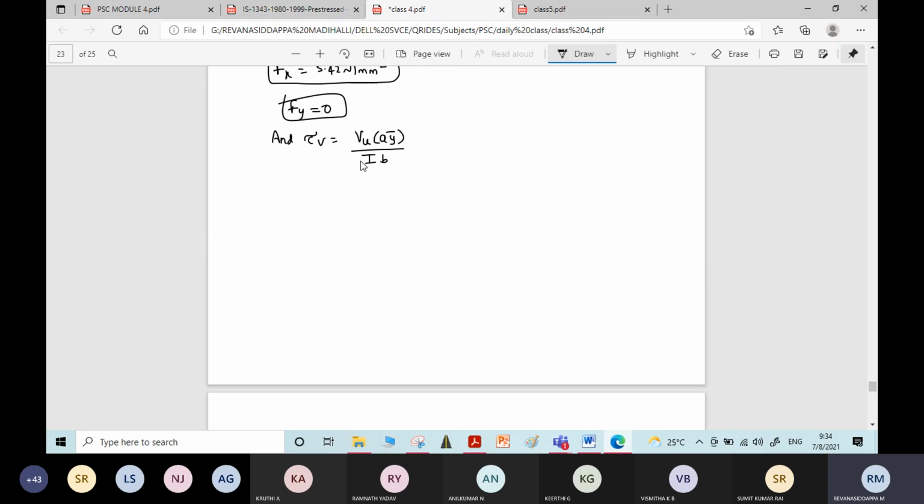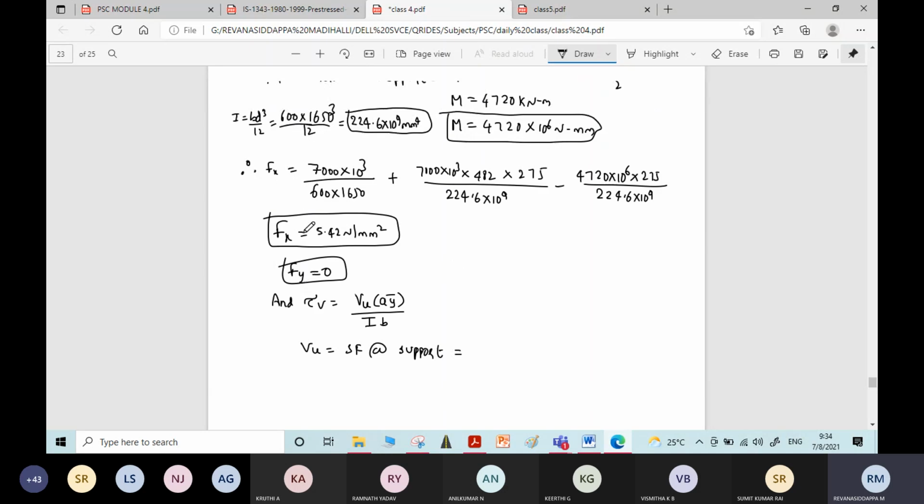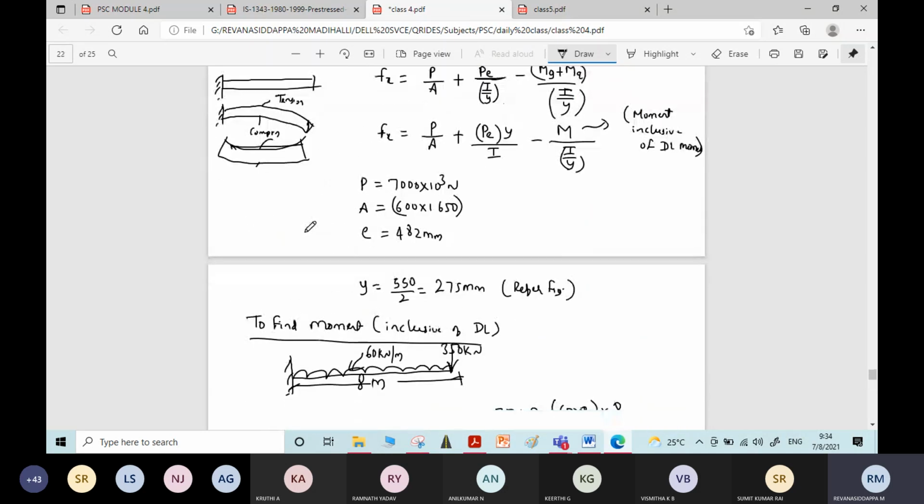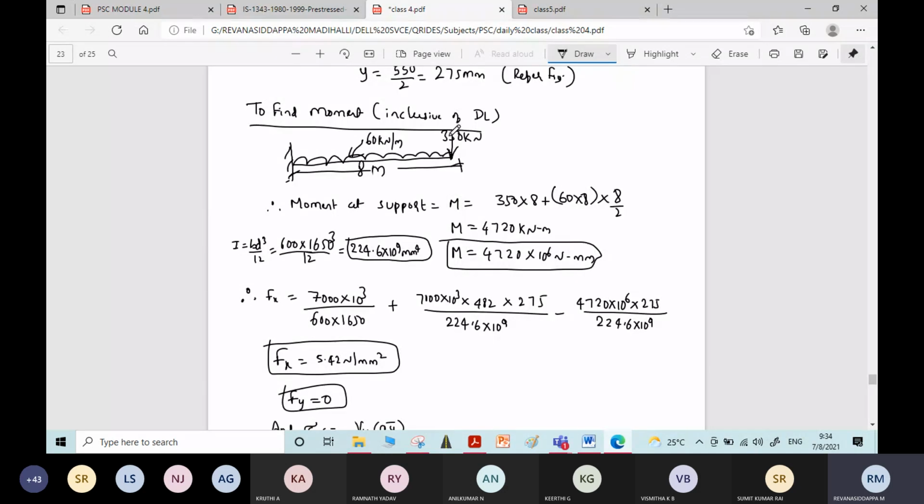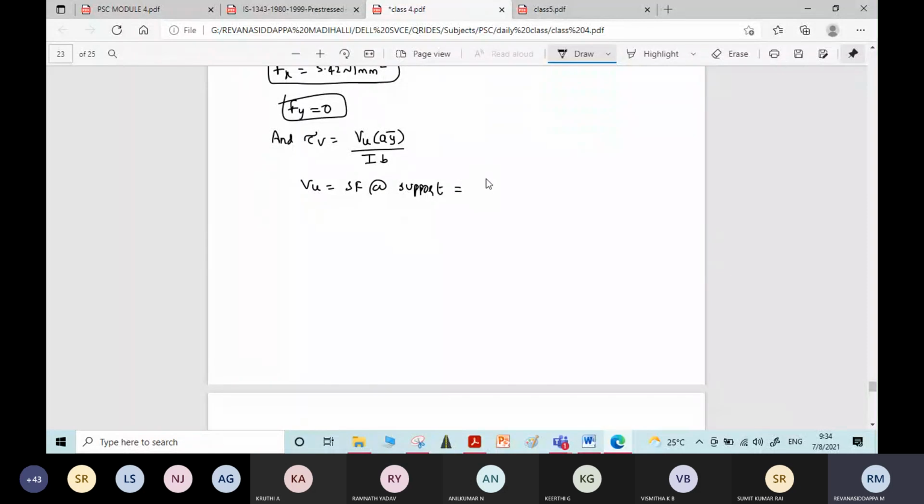And Vu is equal to the shear force at support. You just calculate the shear force, adding these two loadings, 350 plus 60 into 8. How much will you get?